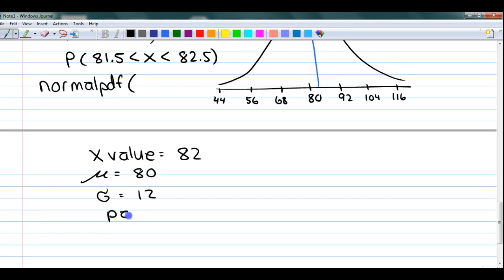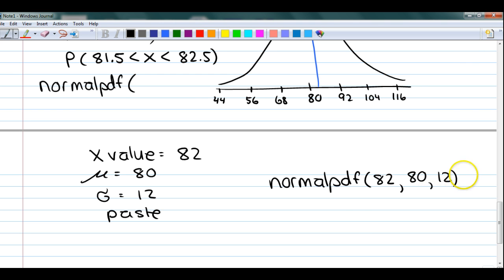And it would tell me to paste. And again, if you have an older calculator, normal PDF wants the x value first, then the mean, then the standard deviation, and you have to get them in that order. It tells me that probability is 0.0328 if I round to the 4th decimal place.